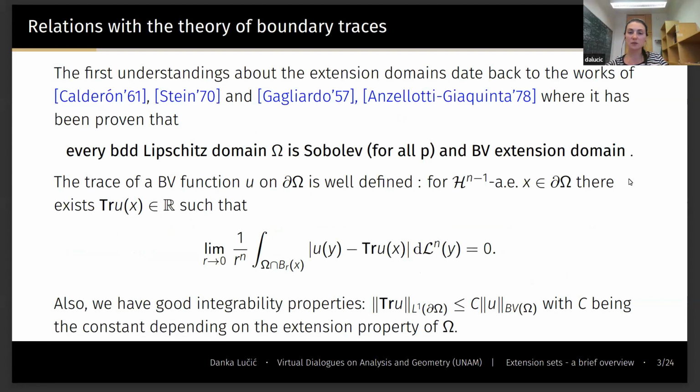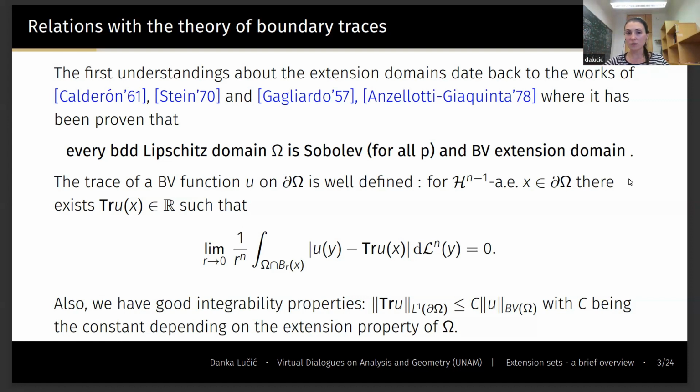The first understanding about these extension domains dates back to the 60s and 70s, by the works of Calderón, Stein, and the Italian school by Gagliardo, Anzellotti, and Giaquinta, where they proved that in the case of Euclidean space, every bounded Lipschitz domain is a Sobolev extension domain for all exponents p, and also a BV extension domain.